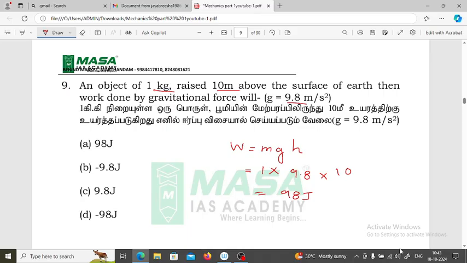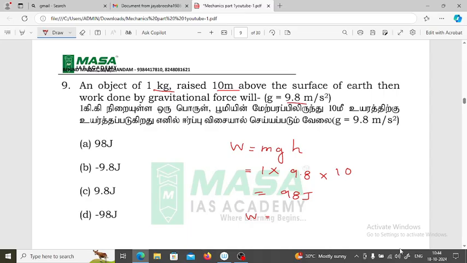But here there is one twist, that is the object is raised against the gravitational force. Gravitational force oppose பண்ணி நம்ம object raise பண்றது. Object is raised against the gravitational force, so here the work done is considered as negative work done.